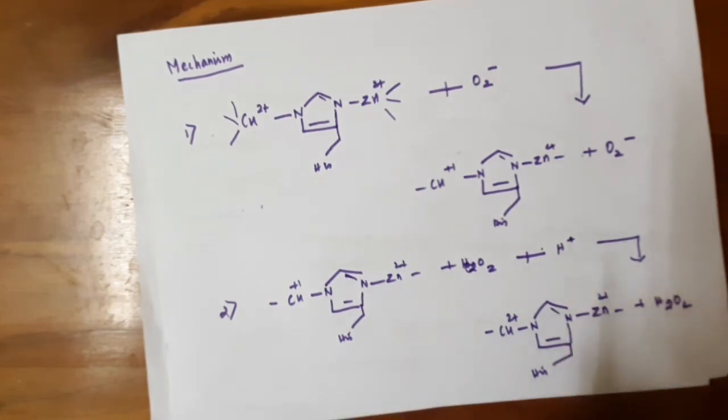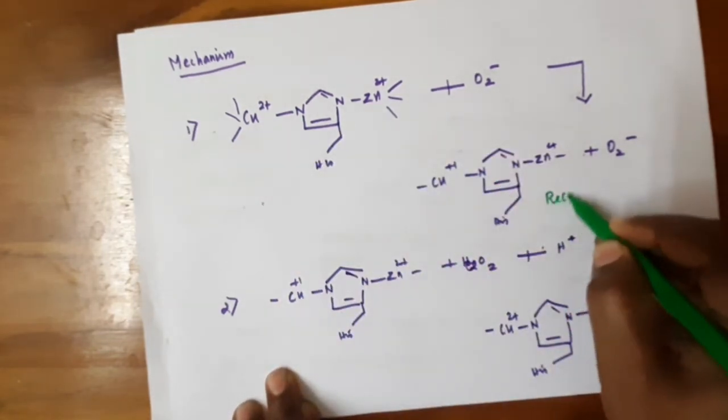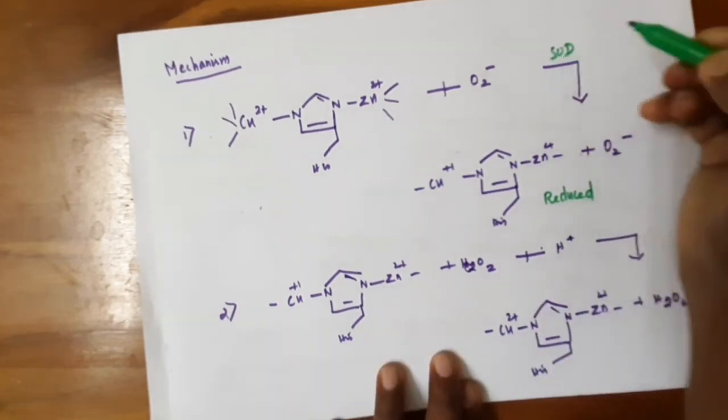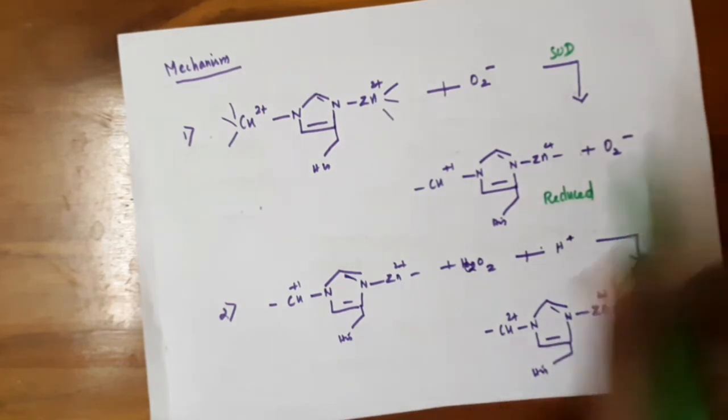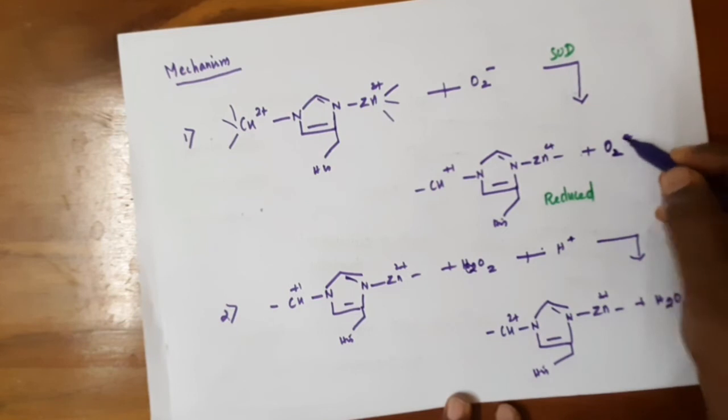So in the first step, copper 2 plus gets reduced with the help of SOD, which produces molecular oxygen.